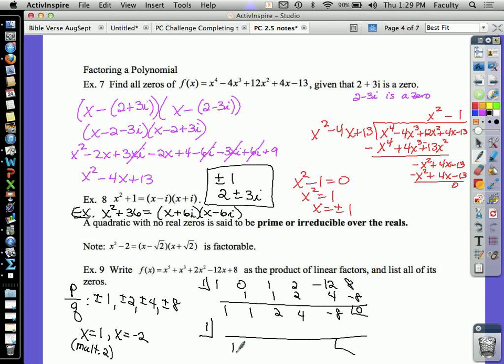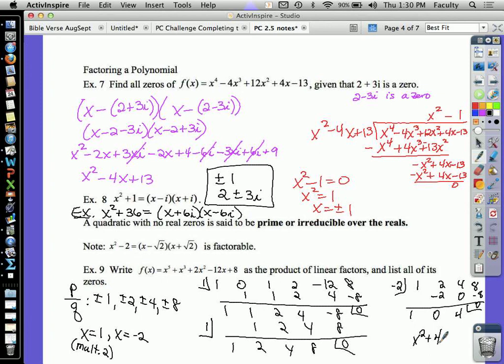So we're going to do it again. And this makes synthetic division just so fun to do. Now I'm down to an x cubed. And now we're going to do the -2. And that's going to take me down to an x squared. So I bring down the 1. And so I'm getting x squared plus 4.